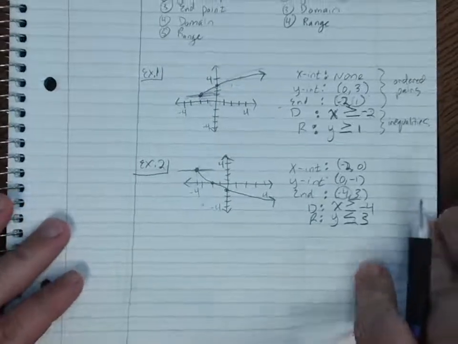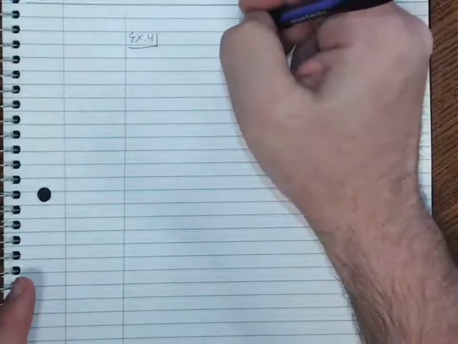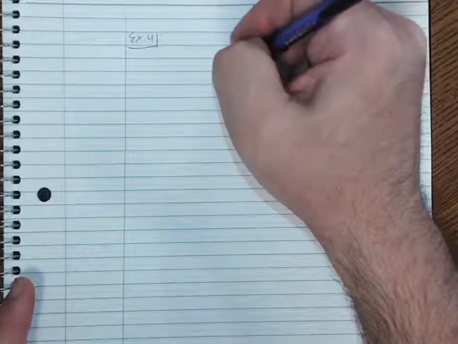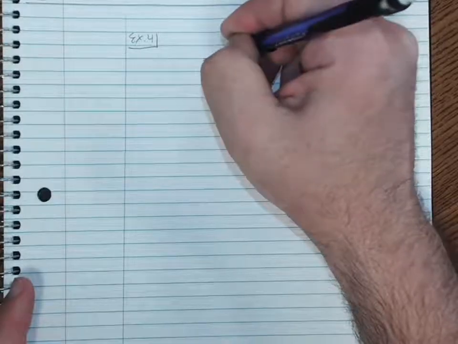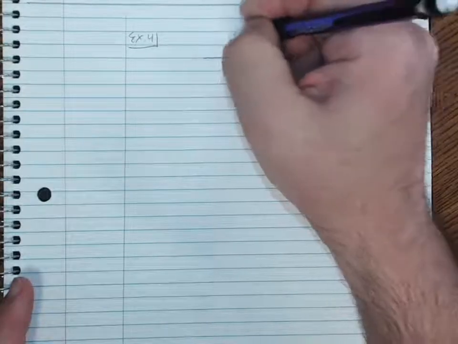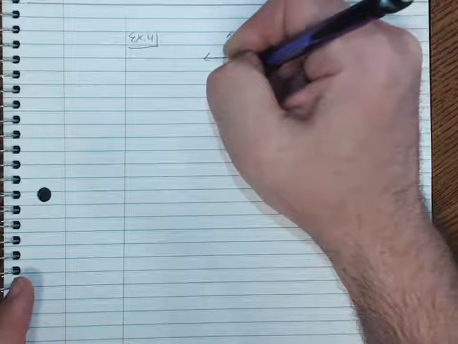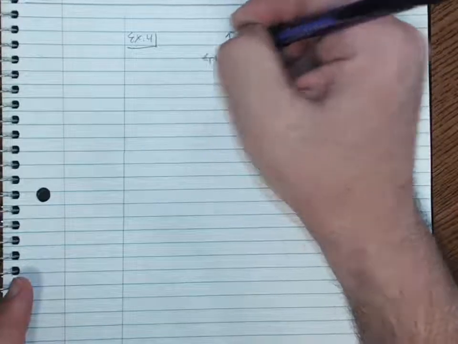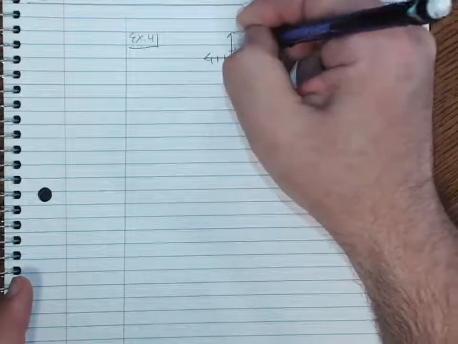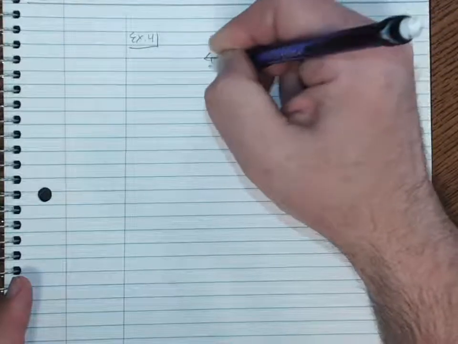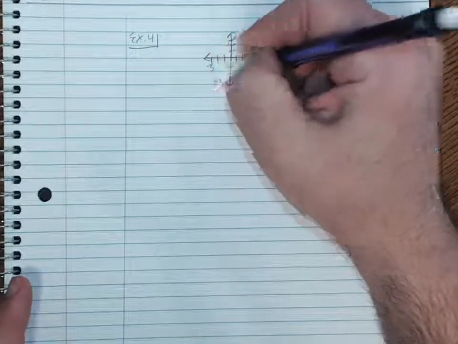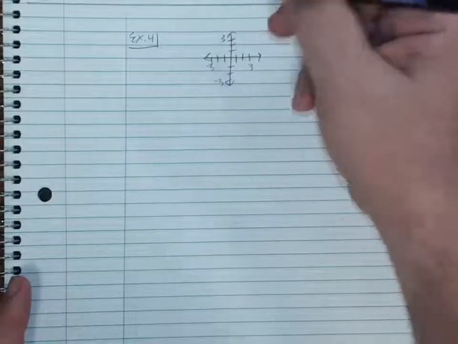And cube root is even easier. Let me show you. Here's example number 4. I'm trying to draw with my best drawing ability. Okay, I know I only went out to 3.